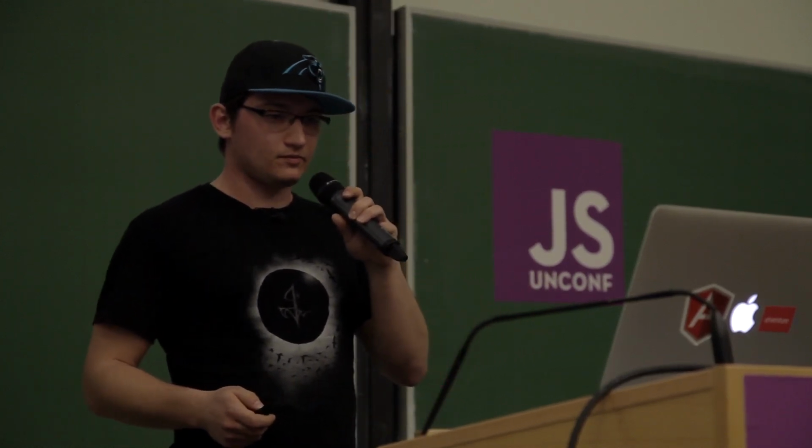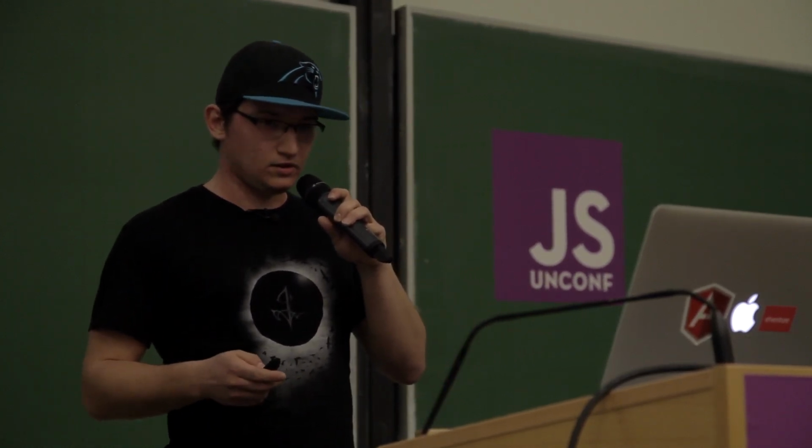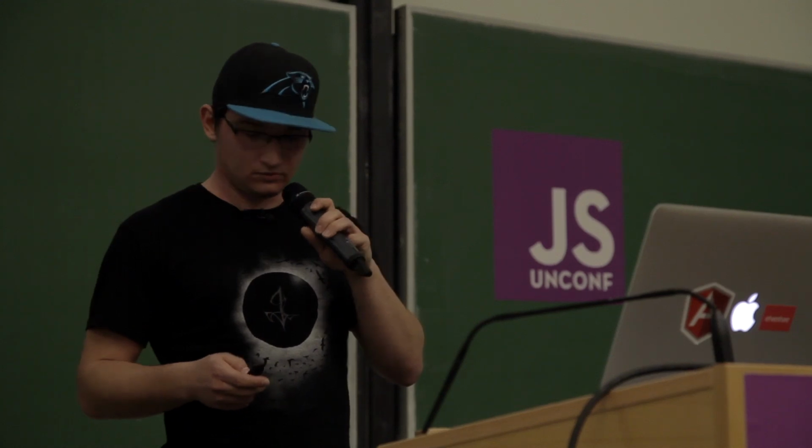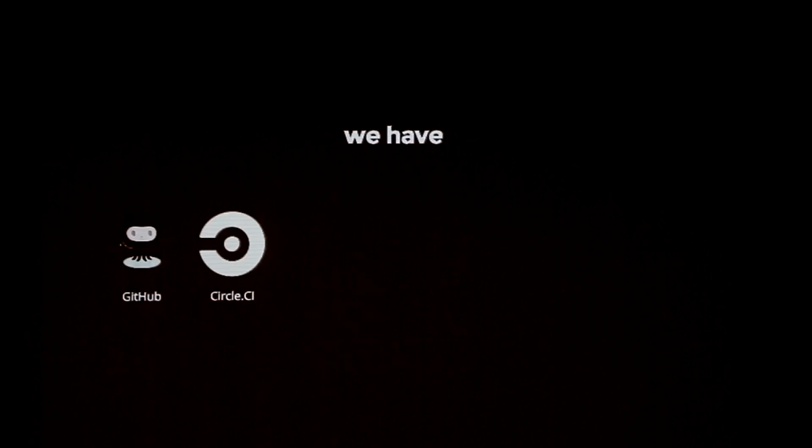Next. What we have as tooling set. Obviously, we have GitHub, so we don't need to change that. We have Circle CI.